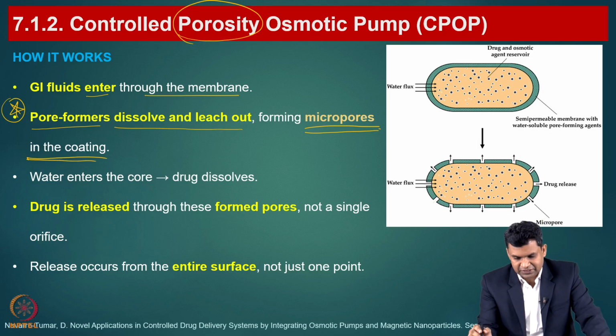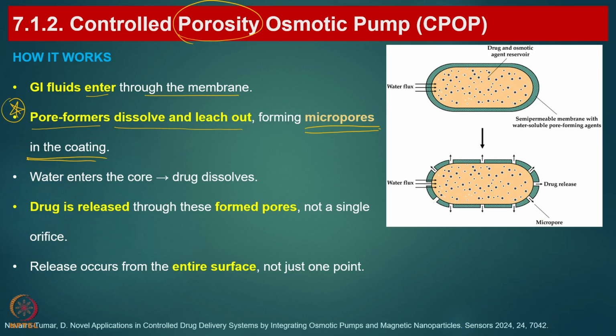Now, you can see here, this is the carrier, and once water has entered, there is a formation of micropores. This system will not contain any orifice. You can check everywhere, you will not see any orifice anywhere throughout the system.